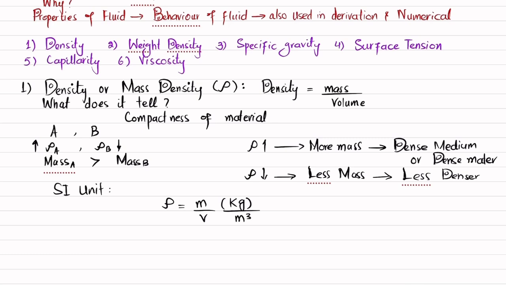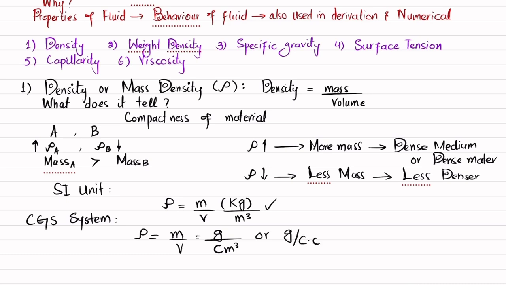So the density unit in the SI system is kg per cubic meter. Now for the CGS system, that is centimeter gram second system, the mass unit is gram and the volume unit is cubic centimeter, so the unit is gram per cc. Cc stands for cubic centimeter.